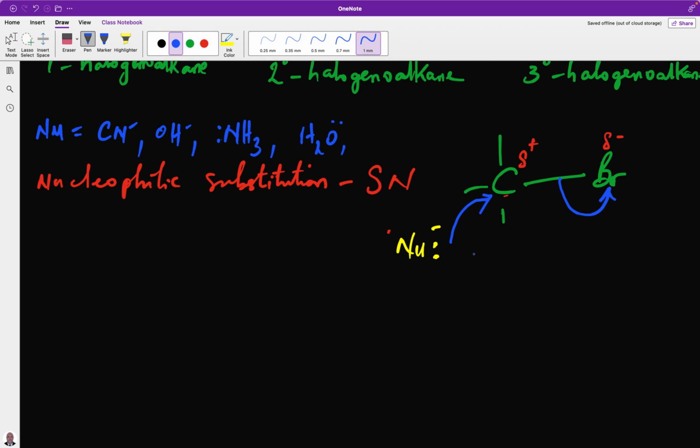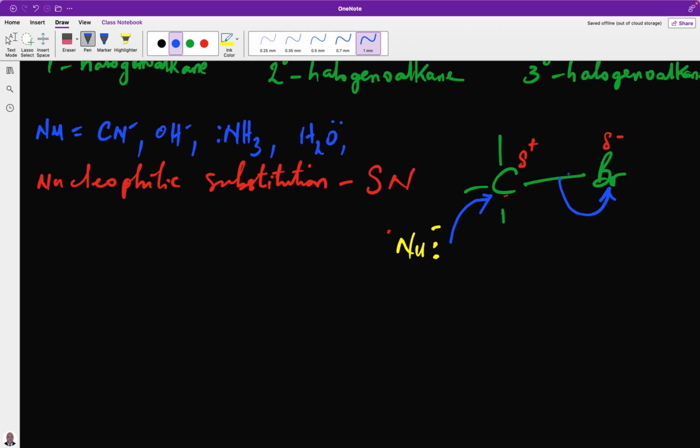That's what happens when a nucleophile attacks the carbon atom carrying the partial positive charge. Electrons in the nucleophile repel the bonding electrons in the carbon-bromine bond, so they are pushed towards the bromine.